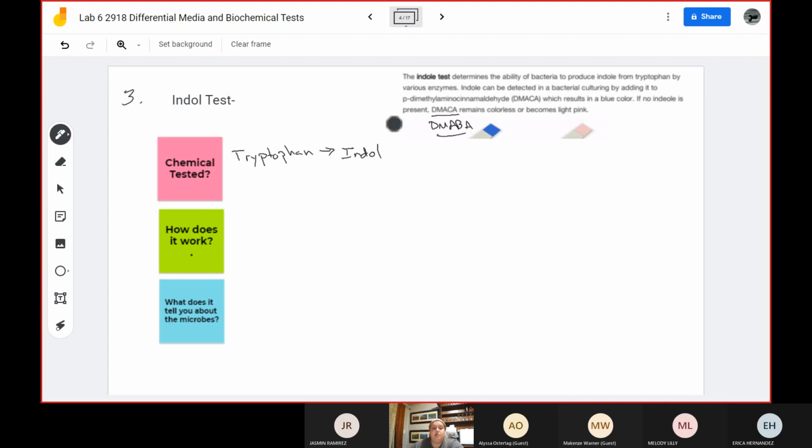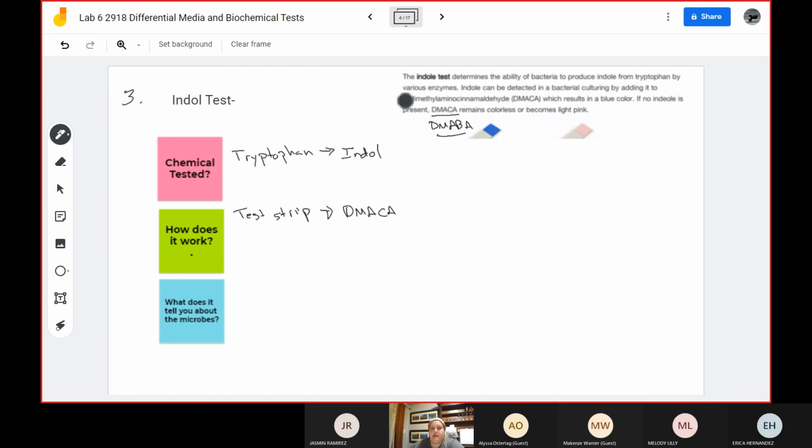How does this work? You would essentially, in this particular version of the test with a test strip, the test strip has this DMACA on it. This is the reagent. It's p-dimethylamine cinnamaldehyde.